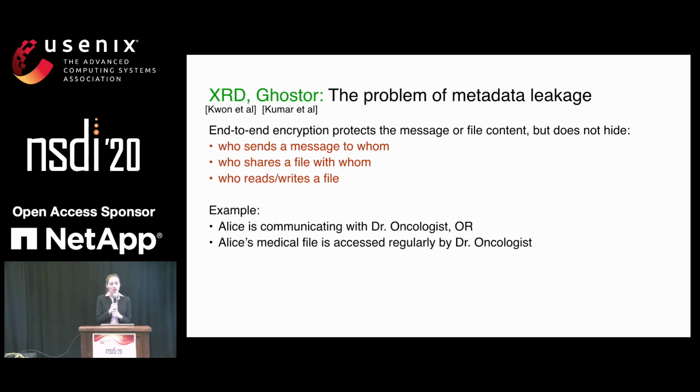For example, if Alice is communicating with her doctor oncologist using WhatsApp, then the WhatsApp servers can see that Alice and doctor oncologist are talking with each other, so maybe she has cancer. Similarly, if Alice's medical file is accessed regularly by a doctor oncologist, again, a compromised server could infer that Alice suffers from maybe cancer. So that's why it's very important to protect against metadata, not just protecting the file content or the message content.